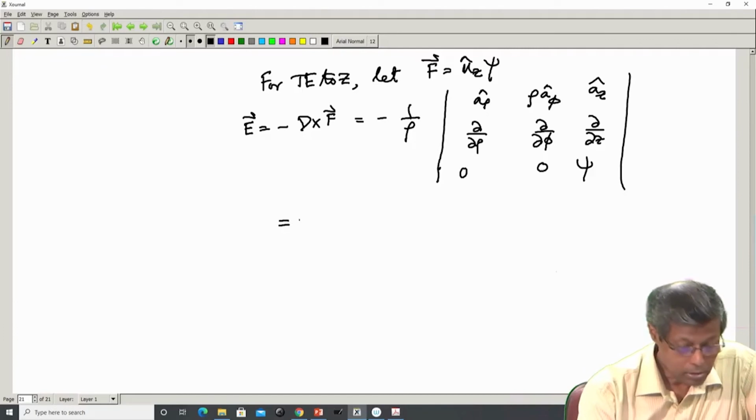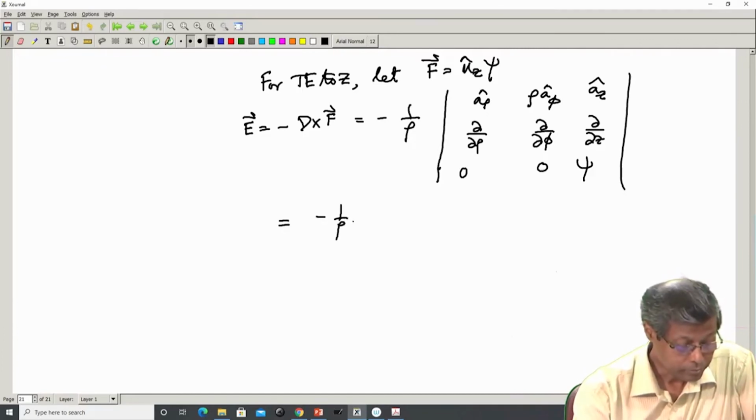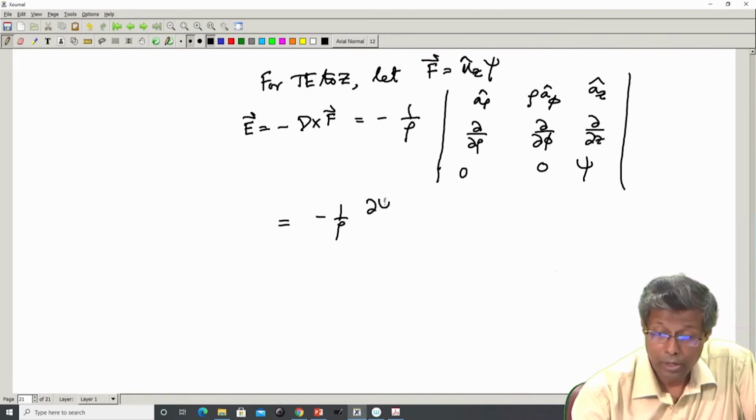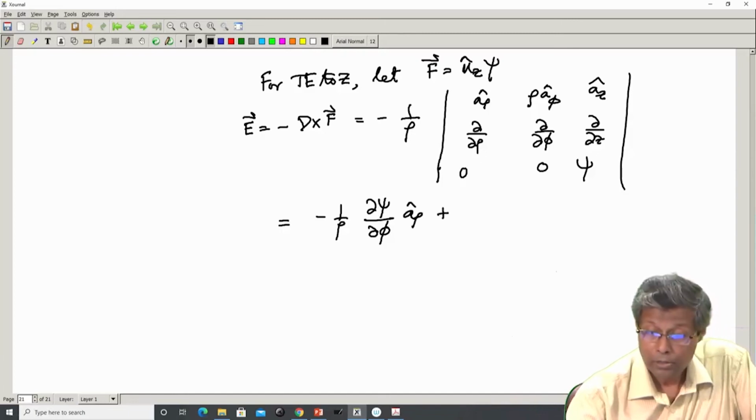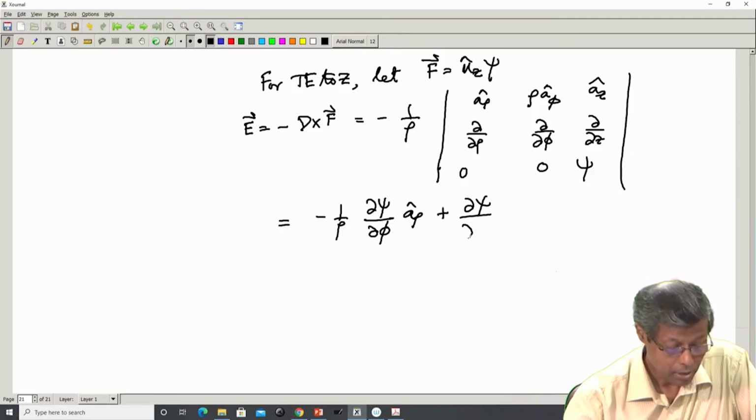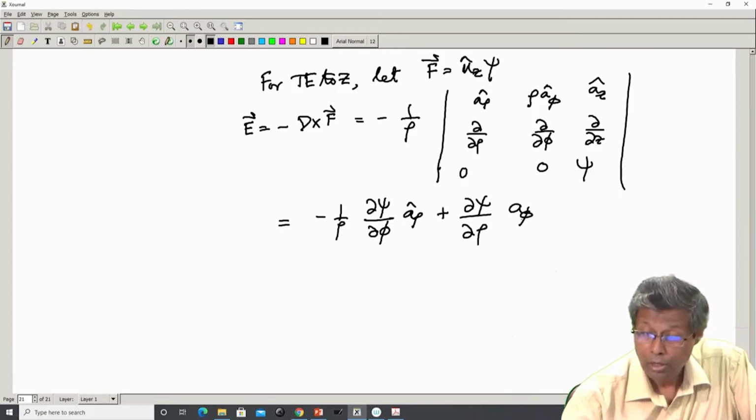That ultimately yields minus 1 by rho del psi del phi a rho plus del psi del rho a phi.